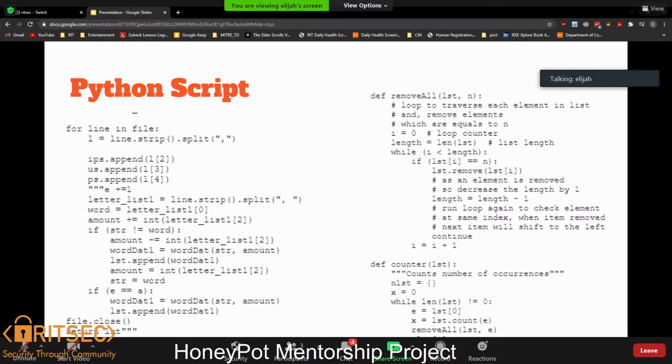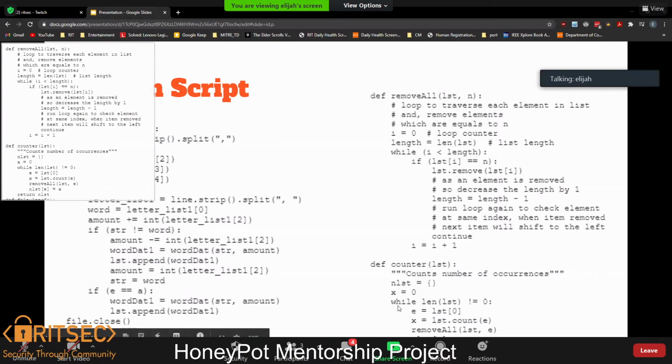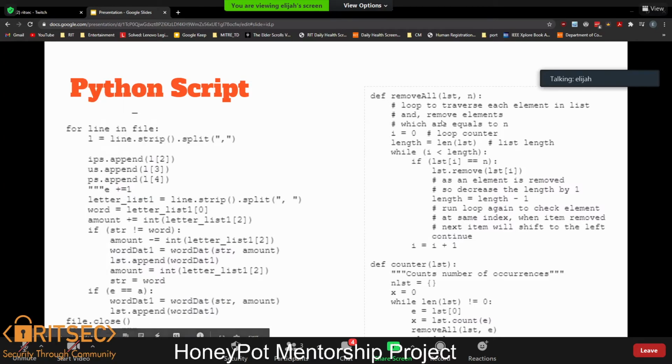As you can see here, E is the item at the beginning. Then it would count using the list function, which was really nice to have and not have to loop through. Then it removes every instance, including the one you just counted. And then it would put it all in a dictionary. That's why each one had a key, with the key being the actual IP address, username, or password, and the value being the number of times it appeared.